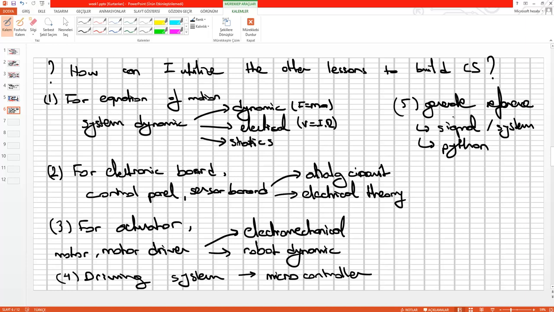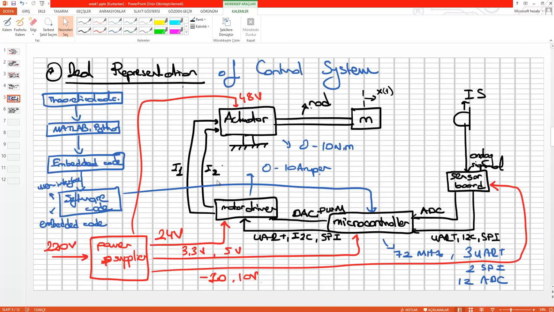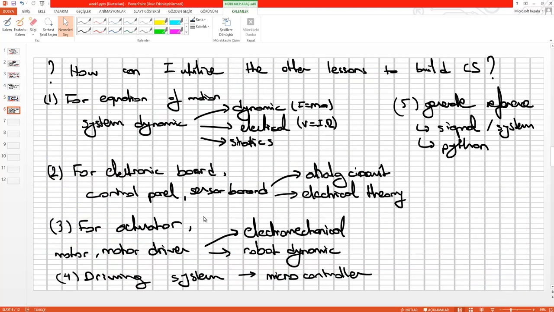And so all these things create the mechatronic design based on this scheme, right? If you want to build a mechatronic system, you must know about every lesson, right? And then we can create the system dynamic equation, and also we will design the controller here. And in order to implement this information in real-life applications, you must know about these 5 things here. Okay?